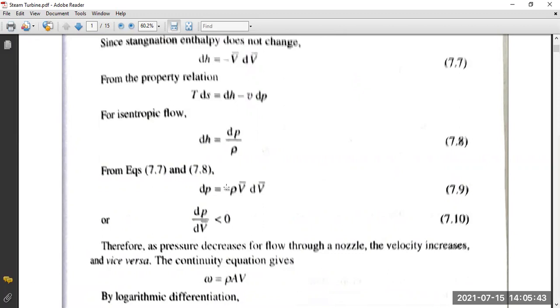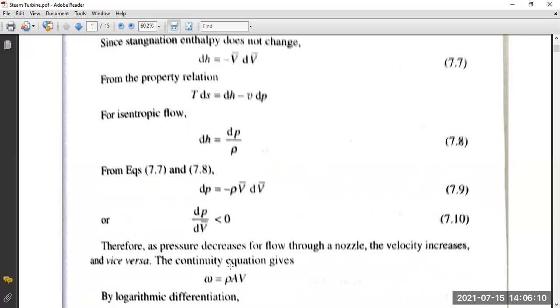Why is it like this? Because minus rho V is negative. The change of pressure with respect to the velocity is negative, so the pressure will go down with an increase in velocity. They act in opposite directions. The change of pressure will reduce if the velocity of the fluid is increasing.